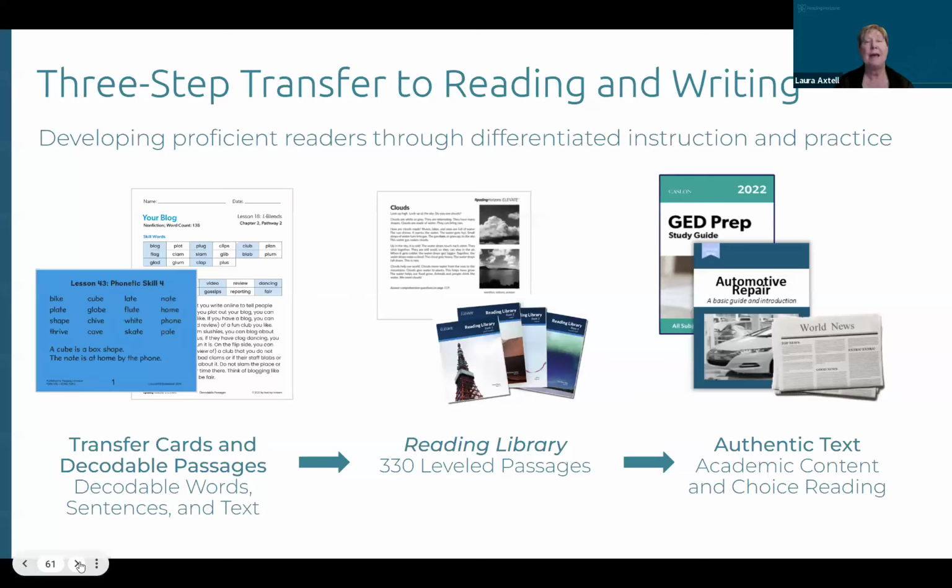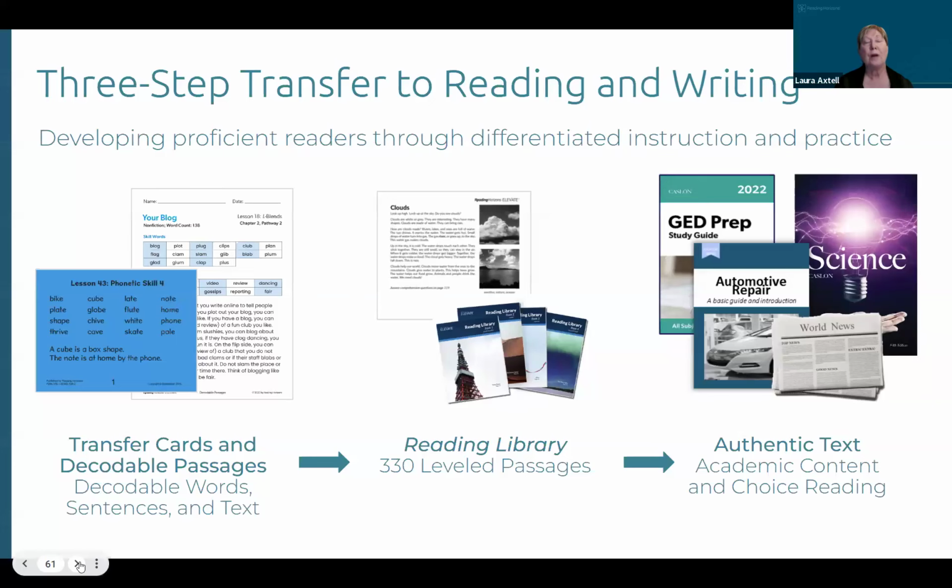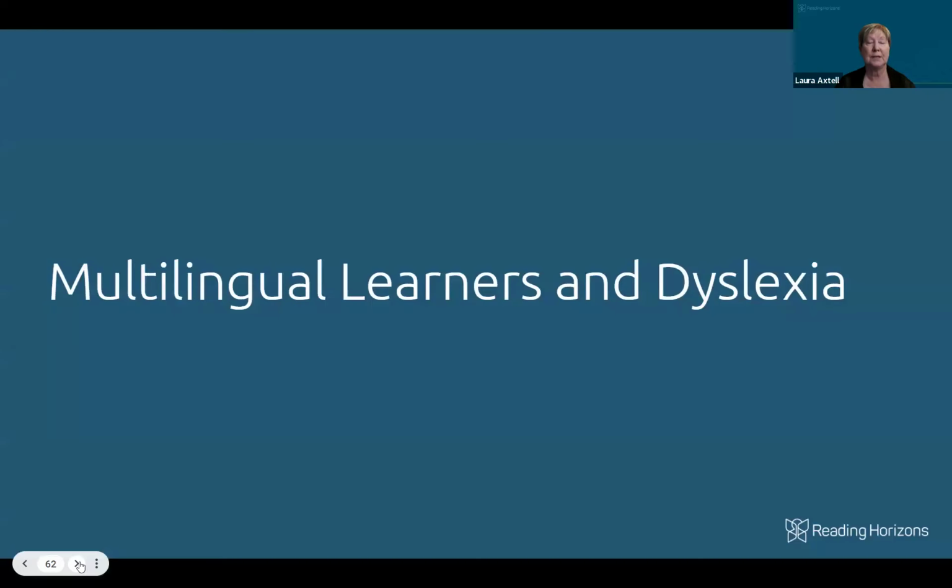For some students that may be academic, sometimes it's vocational, sometimes it's the newspaper or the Bible or something else. So when we're in subject specific like science or social studies, that's when we have to focus on that tier 2 and tier 3 language, which is much more complex once students get to those higher stages of proficiency.